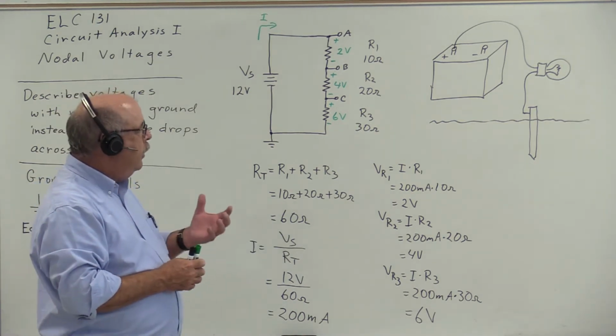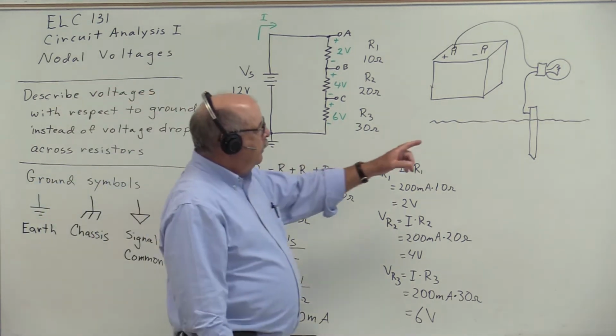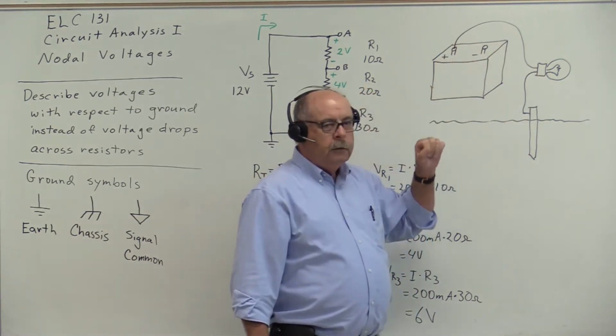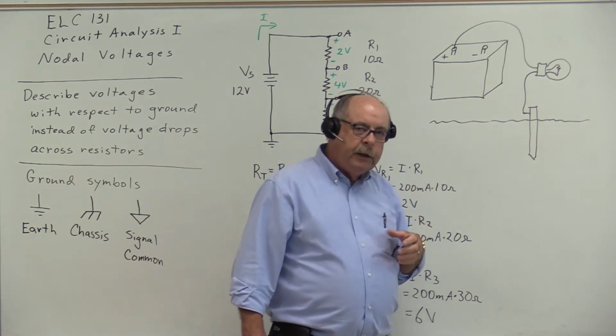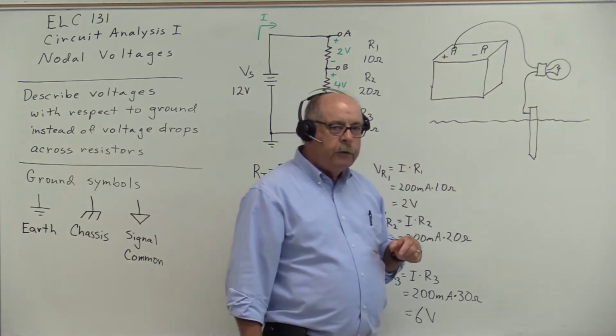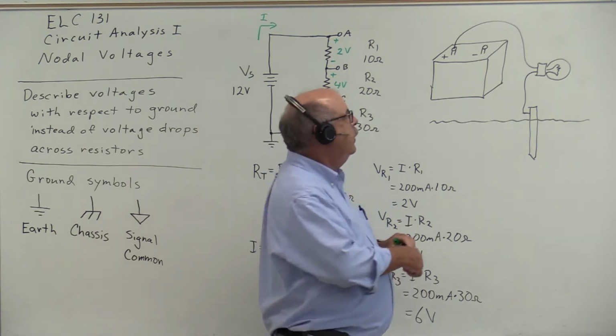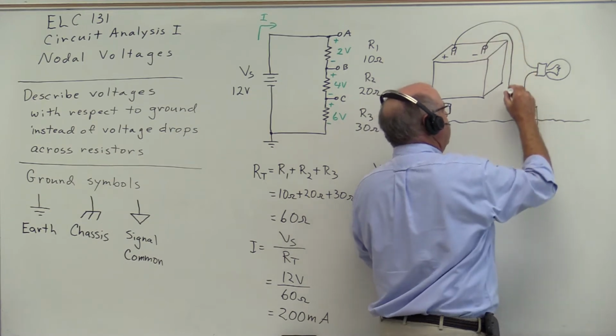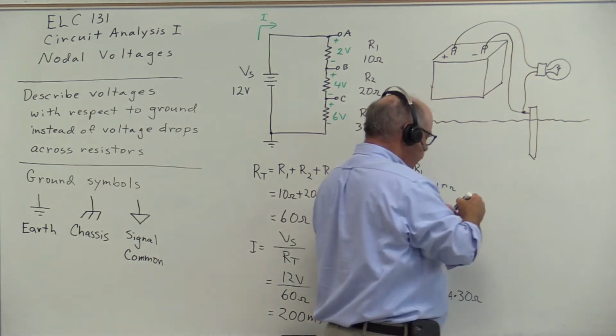And the answer is no, because there's no reason for electrons to leave the earth and flow here. There's no difference in electrical potential between this terminal and the earth. In order for the light to be illuminated, we would have to connect the negative terminal to this same point.